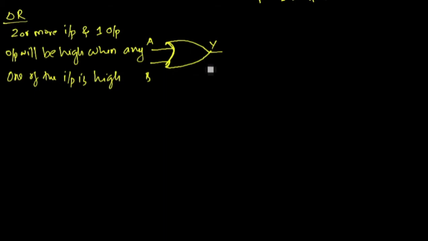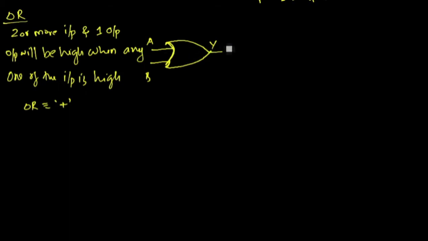Now if you consider the Boolean expression, to get the Boolean expression we need a logical sign to represent this logical operation. The OR gate logical operation is represented by the mathematical symbol plus.